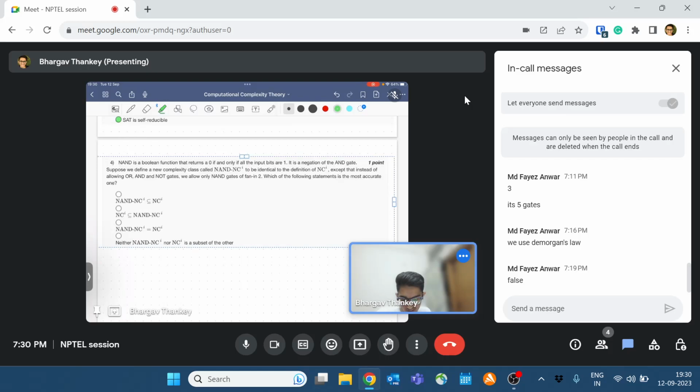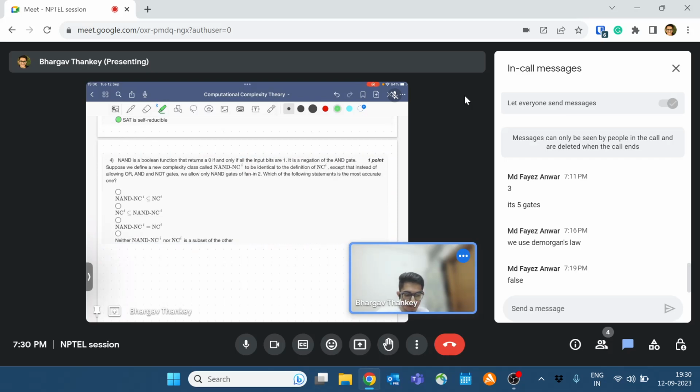So then let's look at the next problem. NAND is a Boolean function that returns 0 if and only if all input bits are 1. It is a negation of the AND gate.